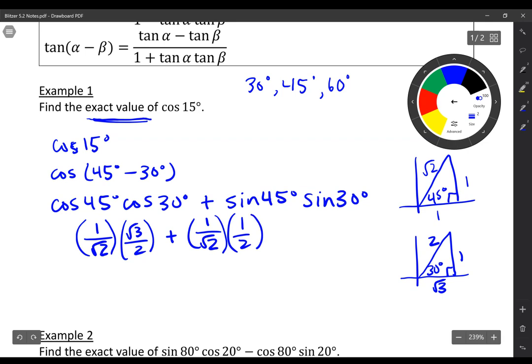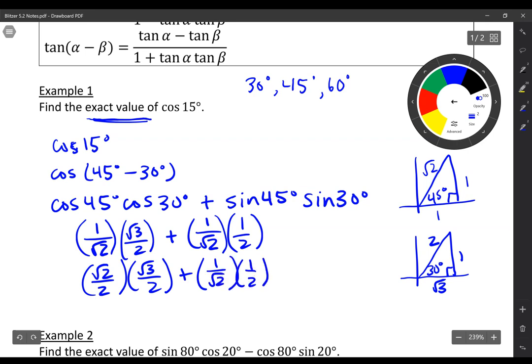So I've got to rationalize these right away in order to be able to do anything with this. Eventually, I'm going to have to rationalize, and sooner is probably better. So square root of 2 over 2, square root of 3 over 2. And then when I multiply now, I have square root of 6 over 4 plus, oh, you know what?